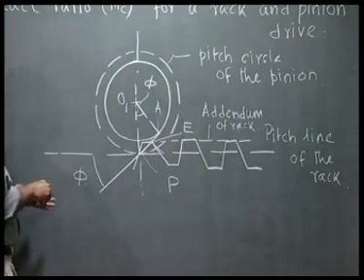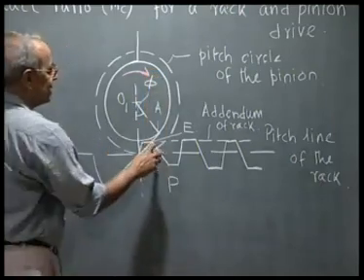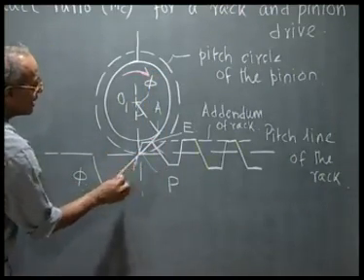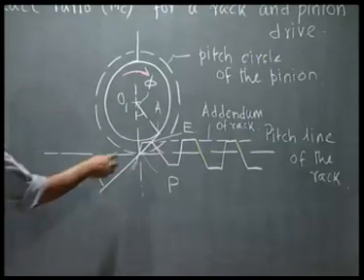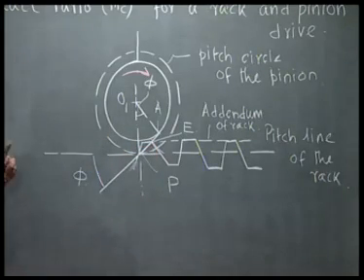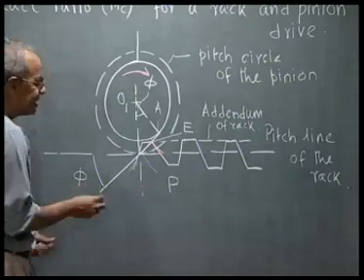Now this pinion rotates in the clockwise direction and drives the rack to the left. Now when is the contact between this pair of teeth lost? It is lost when the contact comes to the addendum circle of this pinion.